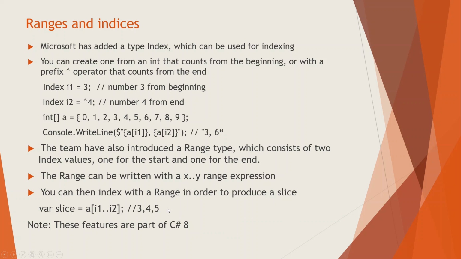It will produce 3, 4, 5, because i1 is the number 3 from the beginning, meaning the fourth member, that is 3, and up to i2, that is fourth from the end.